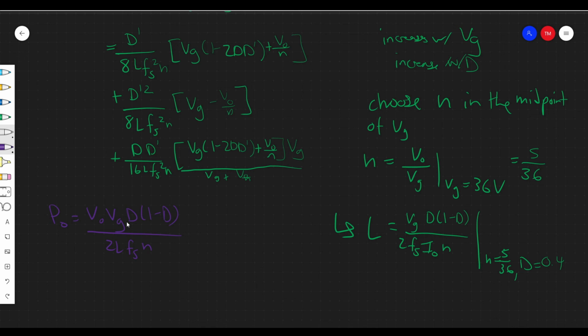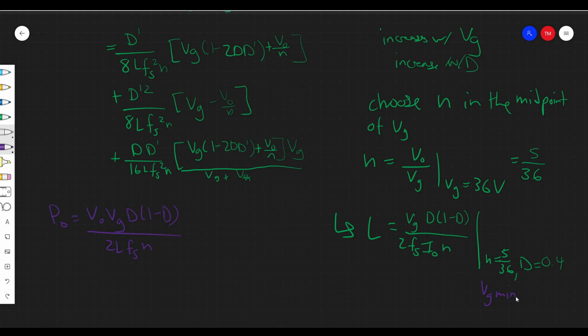However, when Vg is smaller, we need to be able to send more power. To do that, for a fixed frequency and a maximum D, we have to make L smaller. So the worst case for sending power, which is what L controls, is when Vg is minimum.